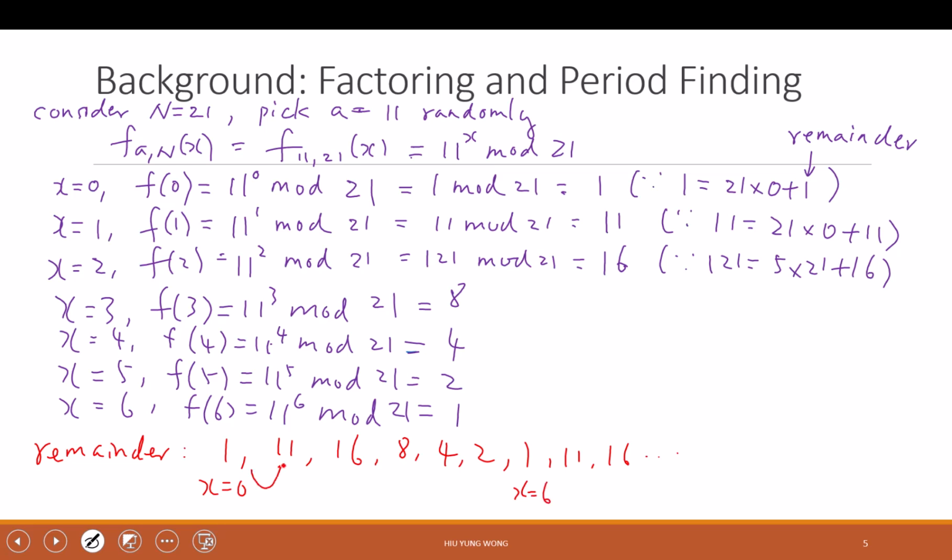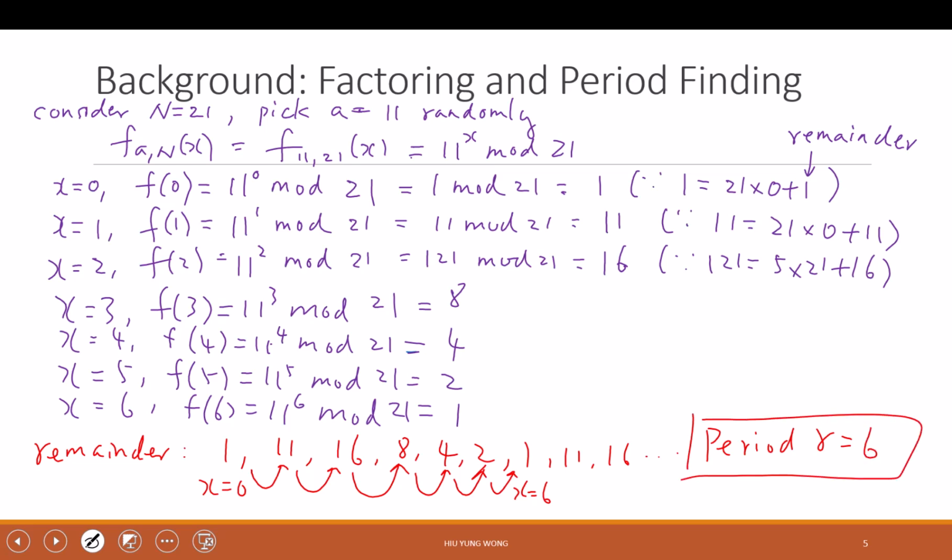So you count 1, 2, 3, 4, 5, 6. So you see that the period, we call it R, equals 6. Now this is a tedious process, but once I find the period, I will be able to factorize n easily based on theory.